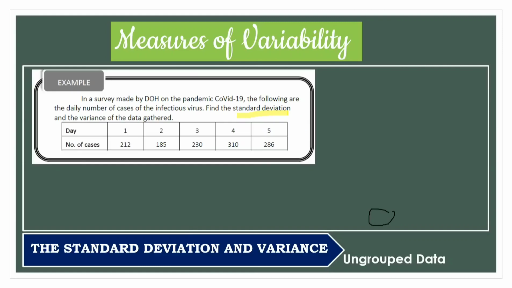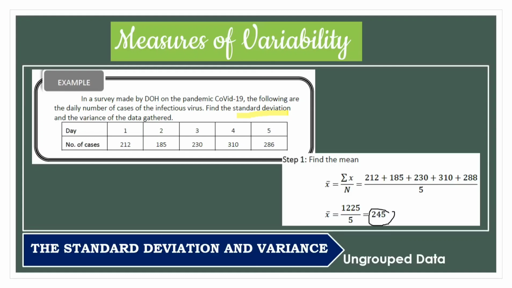Let's have an example. In a survey made by DOH on the pandemic COVID-19, the following are the daily numbers of cases of the infectious virus. Find the standard deviation and the variance of the data gathered. For step 1, we again find the mean. We do that by adding all of the scores.